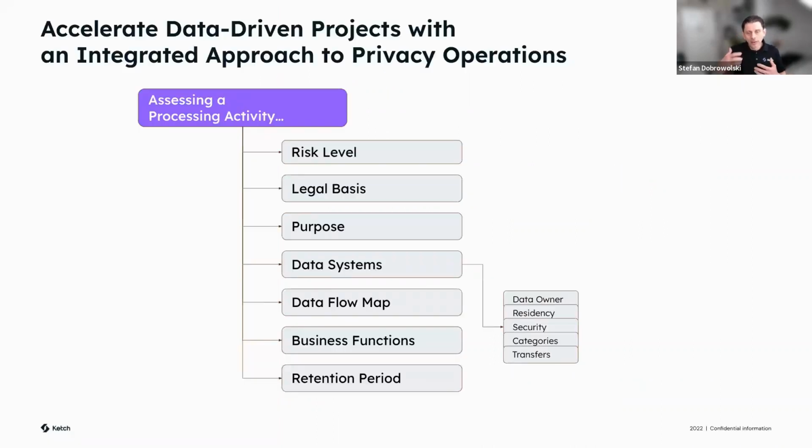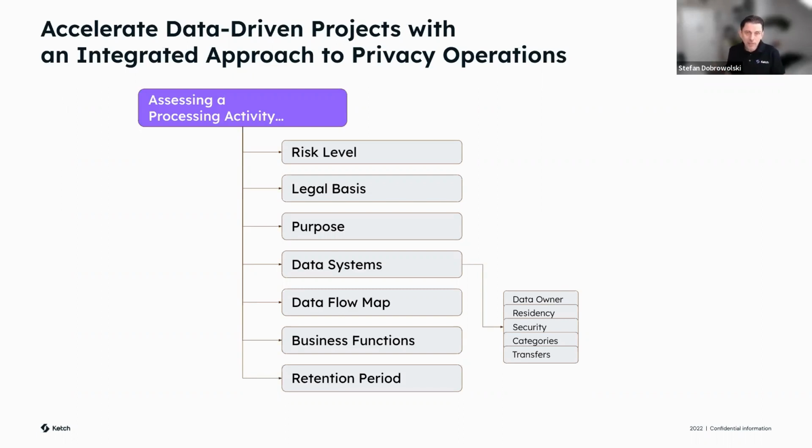And this visualization, I'm going to walk us through how the reassessment process of a processing activity links to other aspects of the privacy operation, and how we can speed that up and introduce huge efficiencies in finding facts around the legal bases for which we're collecting data for a processing activity, the purpose it's related to, the systems, the categories of data processed by those systems, the business functions involved in it.